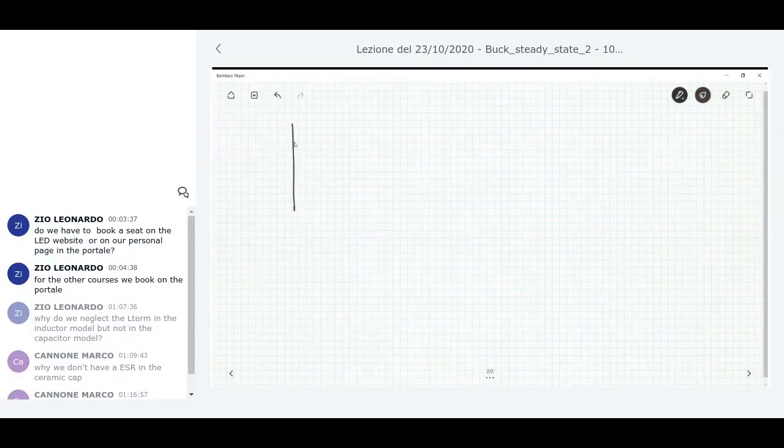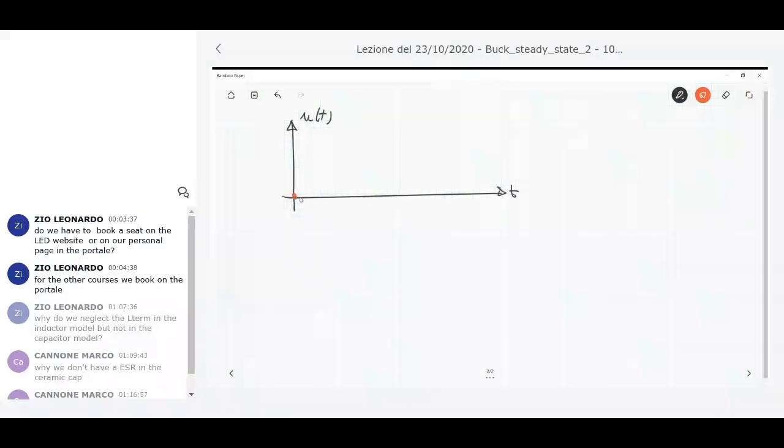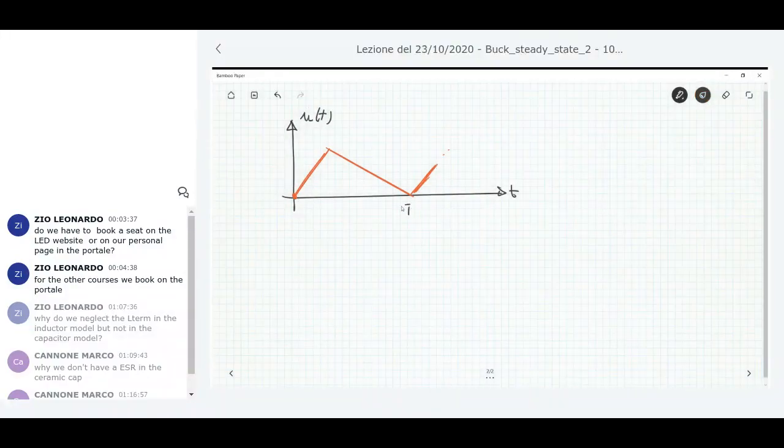So let me again show you what happens at the boundary condition between the continuous induction mode and discontinuous induction mode. The situation is depicted here. This is the switching period, this is on.